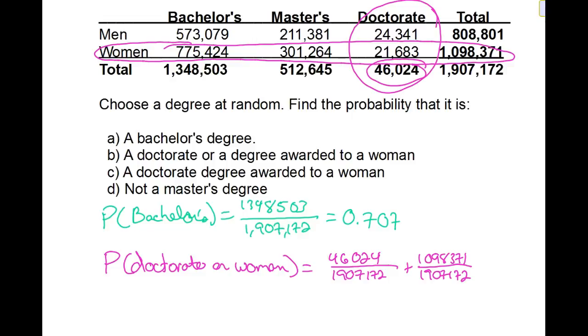If you'll notice, right here, this 21,000 was counted with the doctorates and with the females. So we've actually counted that twice.